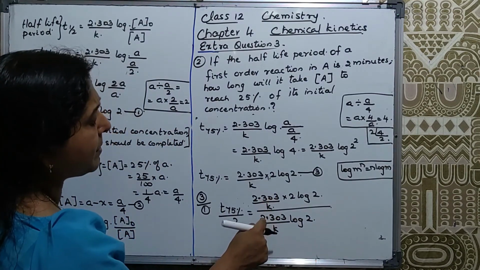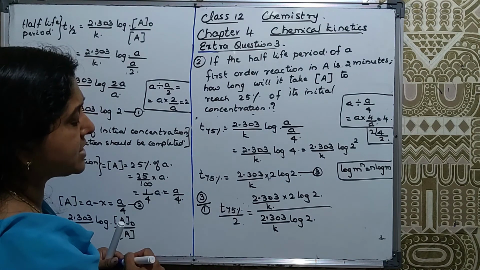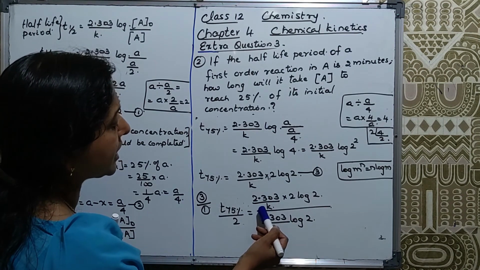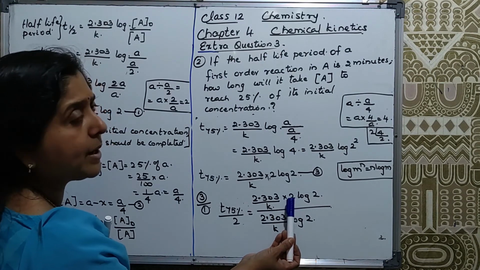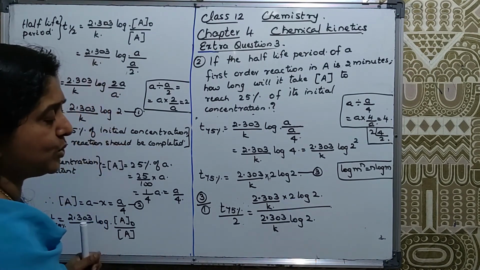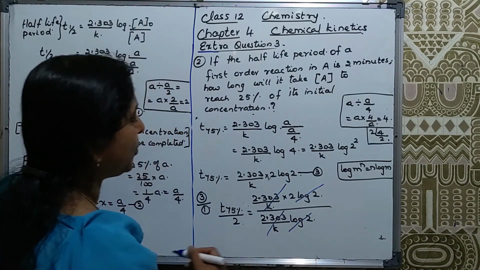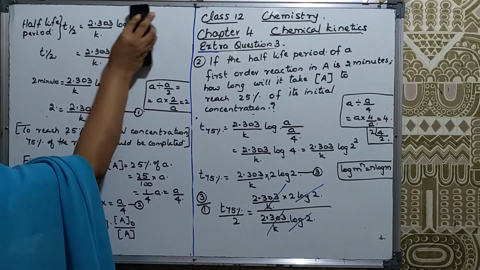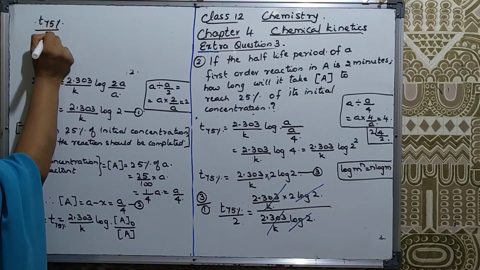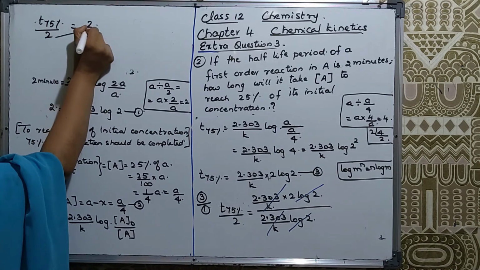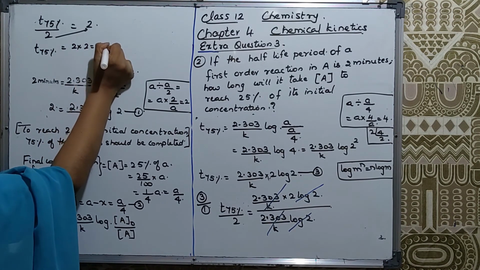Now 2.303 by K and 2.303 by K cancel, and log 2 also cancels. The only number left is 2. So T 75% divided by 2 equals 2. Cross multiplying, T 75% equals 2 into 2, which is 4 minutes.